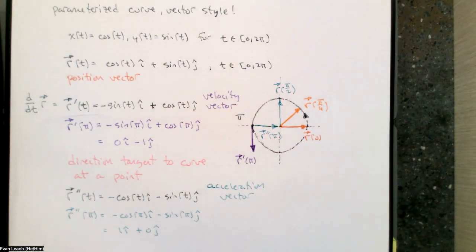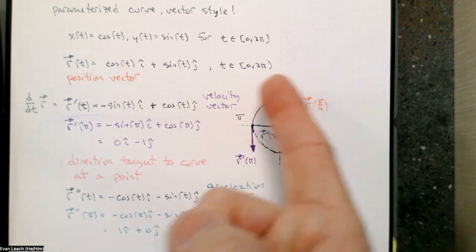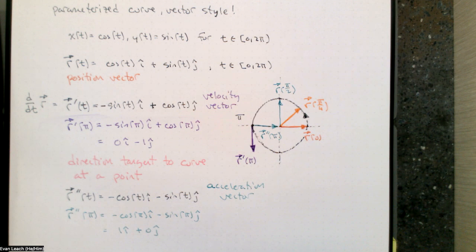The acceleration, to keep that position vector going around that circle, the velocity is tangent. The acceleration is going to have to be pointed back towards the origin to keep this velocity going around the circle. Any questions?